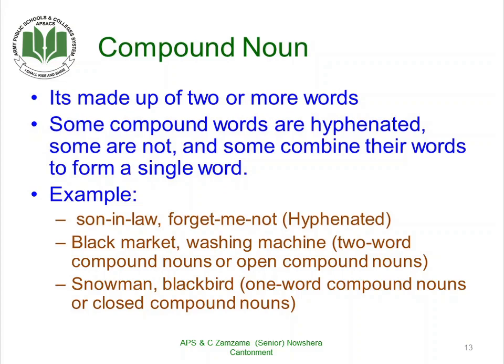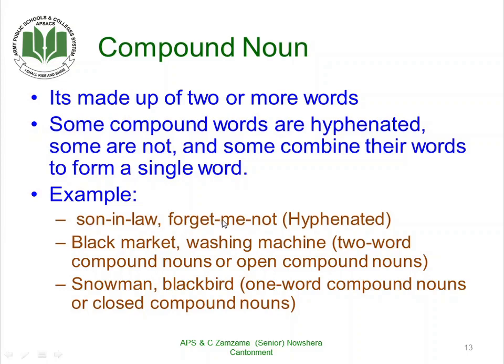Now come towards the next one, that is compound noun. It is made up of two or more words. Understood? Two or more nouns actually. Some compound words are hyphenated, some are not, and some combine their words to form a single word. For example, there are three different forms that I have mentioned. Let me give you their examples.